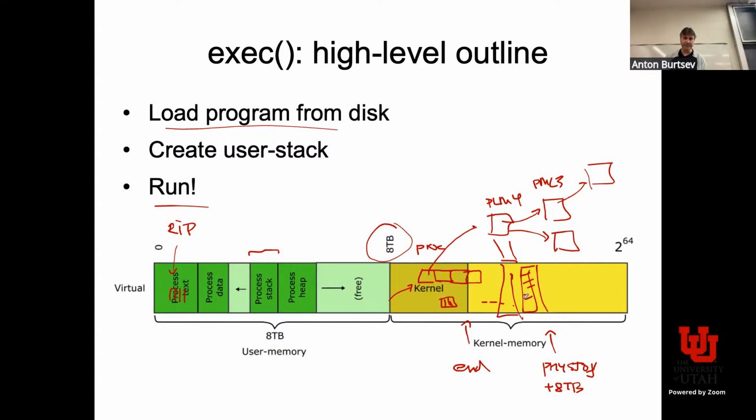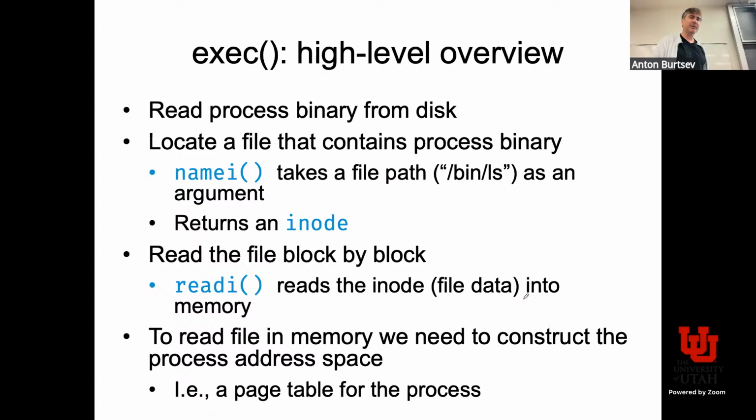Okay, sure. So, as I was saying, we just saw that exec, the goal is to read the process binary from disk. It takes an argument, the path to the binary. When we get to file systems, we will discuss this function, which is called namei. Namei takes a string, which is a path, splits it into substrings and essentially goes through a directory hierarchy.